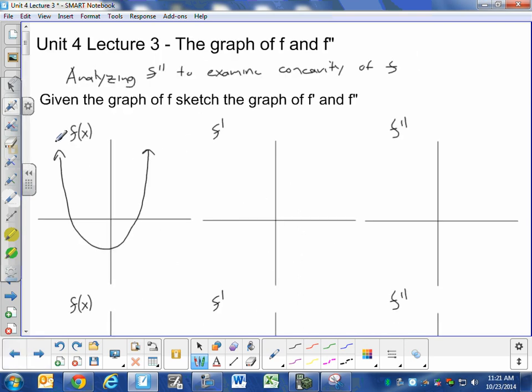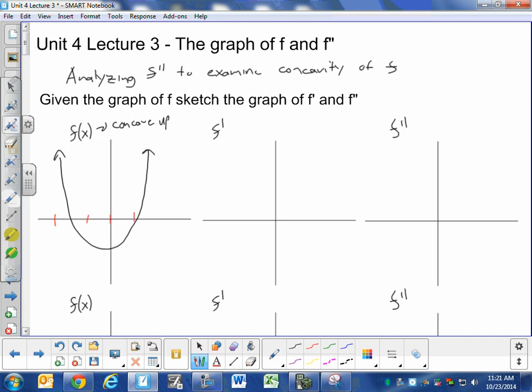So let's look at something that is concave up, something like x squared minus 2 or something. This function is concave up. I want you to go ahead and sketch the first derivative and then sketch the second derivative of that. Now remember how we do this. We're going the way that we've learned already and that we've practiced, that we're comfortable with.